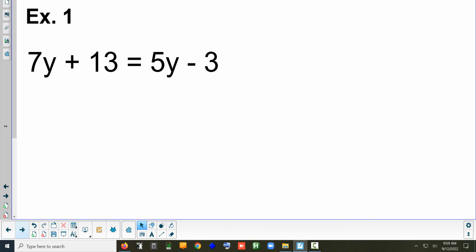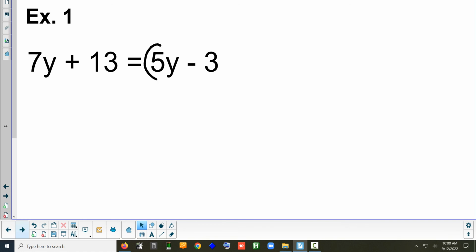So does anybody see how we could do that? Do you think we want to move all the y's to the left? Or do you think we want to move them all to the right? We can do it either way, but we want to end up with a positive.